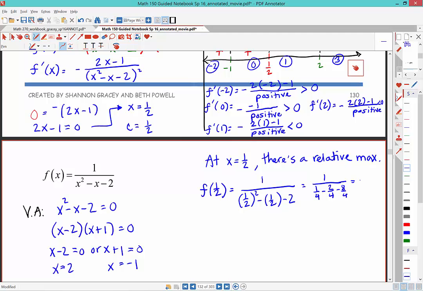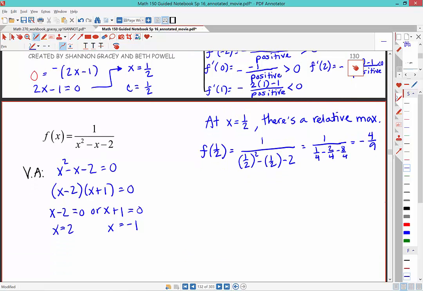So it would be negative 4/9 when you flip it, invert and multiply. So 1/2 comma negative 4/9 is where the relative maximum occurs.